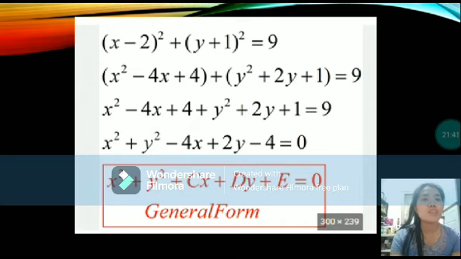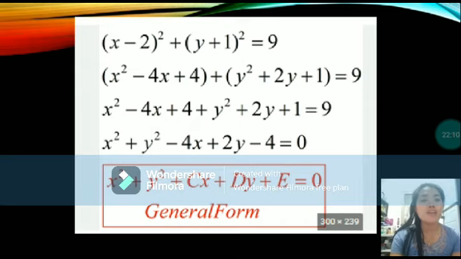So, (x minus 2) quantity squared, we need to expand that one. Remember, FOIL method. (x minus 2) times (x minus 2) gives us x squared minus 4x plus 4. And then (y plus 1) squared, or (y plus 1) times (y plus 1), that is y squared plus 2y plus 1. You just simply remove all the grouping symbols or the parentheses.